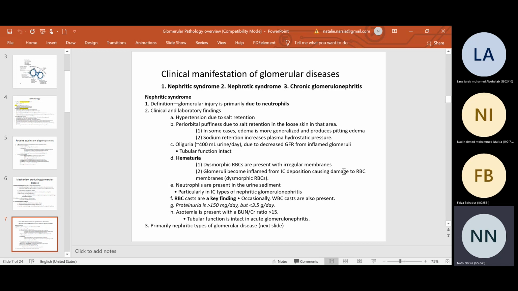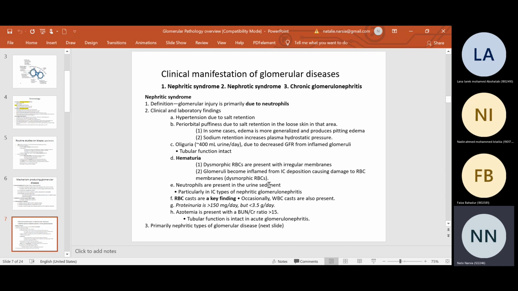That is a complex mechanism, but you should understand that nephritic syndrome or nephrotic syndrome both can be caused with immune complex deposition. And if you damage, for example, blood vessels and red blood cells, you will find these red blood cells in the urine, okay? And you will have this hematuria.